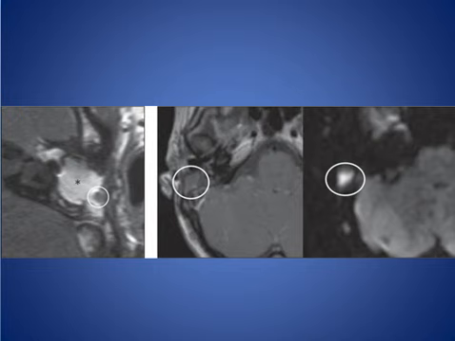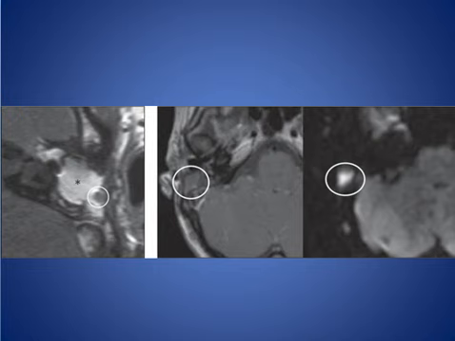Diffusion-weighted imaging is useful in differentiating between the fibrous tissue and the granulation tissue following operation of cholesteatoma. That granulation tissue is usually enhancing and there is no restriction, but in a recurrent or residual cholesteatoma there is restricted diffusion.